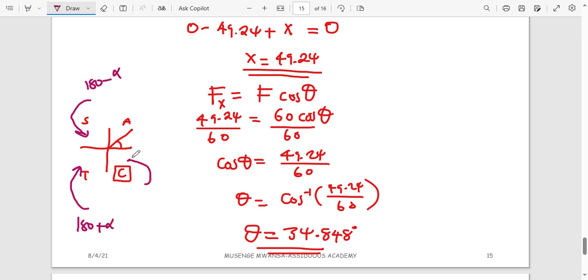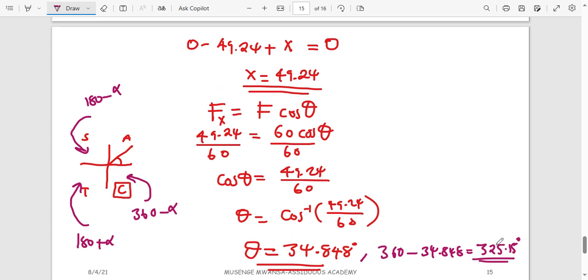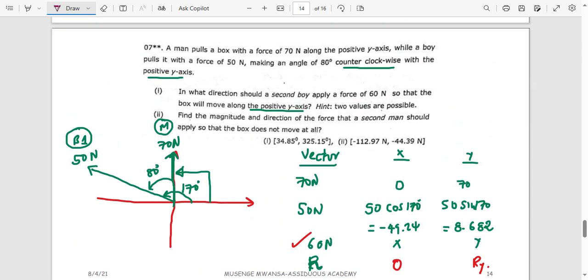In the fourth quadrant, it is 360 minus that angle. So the other angle, because this is cos, is 360 minus 34.848, which is 325.15 degrees. So you can see 34 and 325. Those are the angles there.